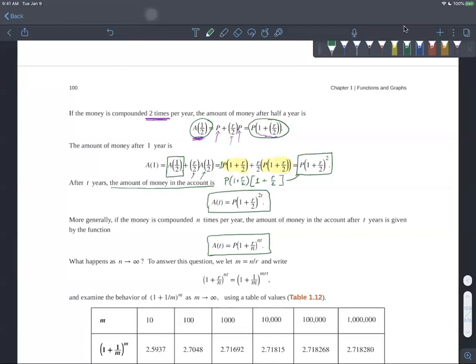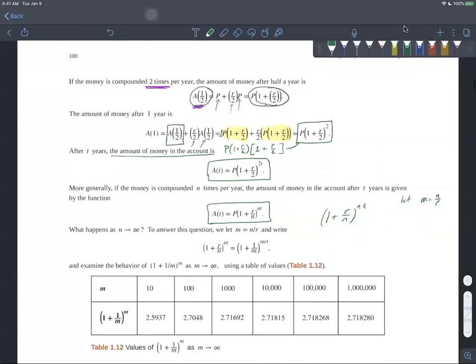So what happens as n approaches infinity? To answer this question, we're going to take a look at 1 plus r over n raised to the nt, and we're going to let m equal n over r. If we let m equal n over r, then notice that if we flip the right-hand side, r over n, this is going to be equal to 1 over m.